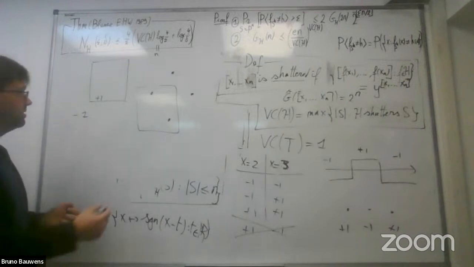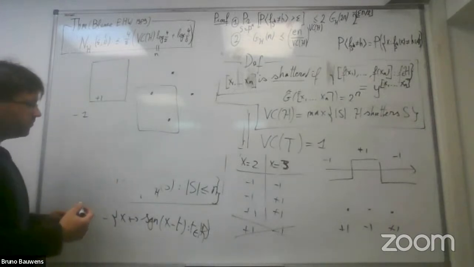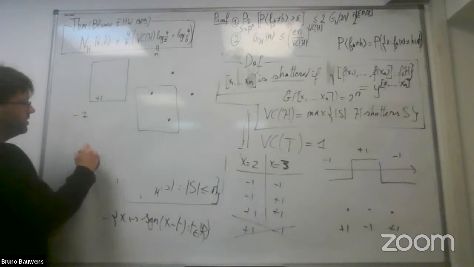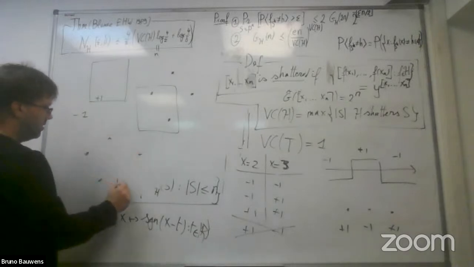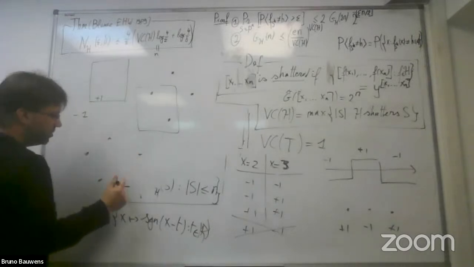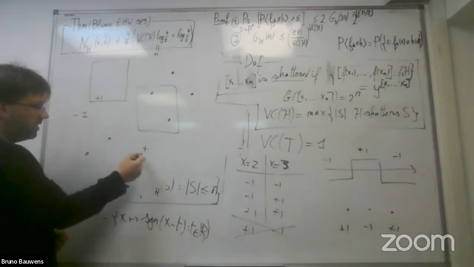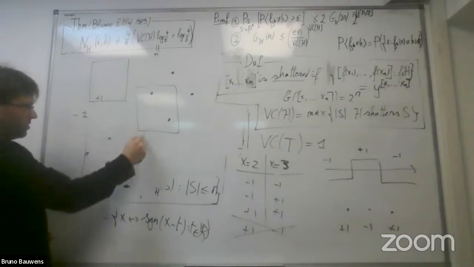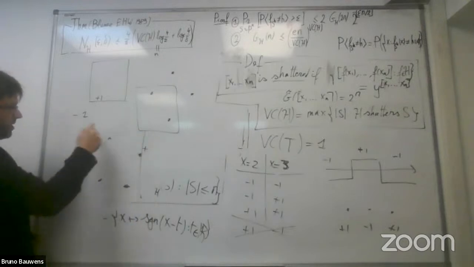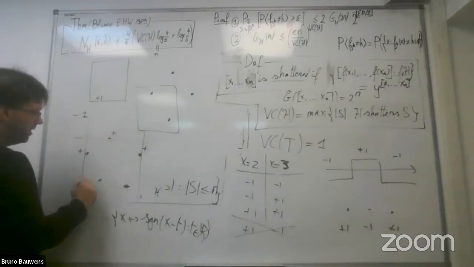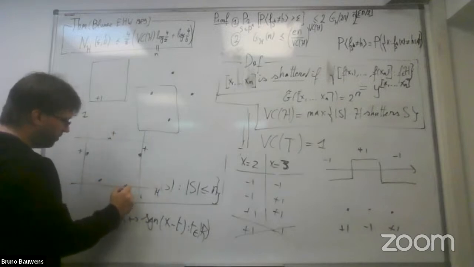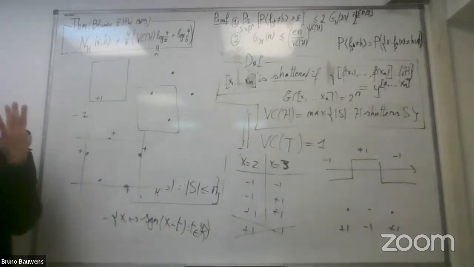And why is this? Well, when there are 5 points, let us choose the rightmost point, and let us make it plus. Let us choose the leftmost point, make it plus, the topmost point plus, and the bottommost point also plus. We've chosen 4 points.